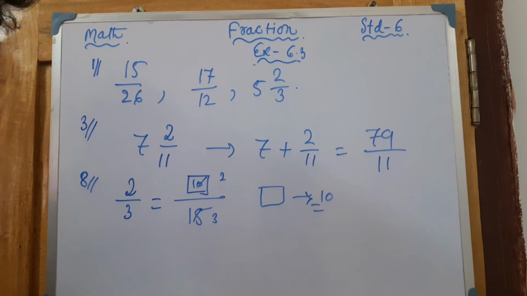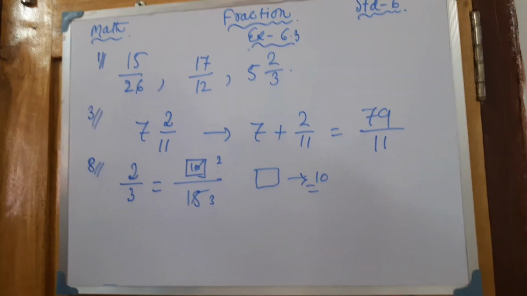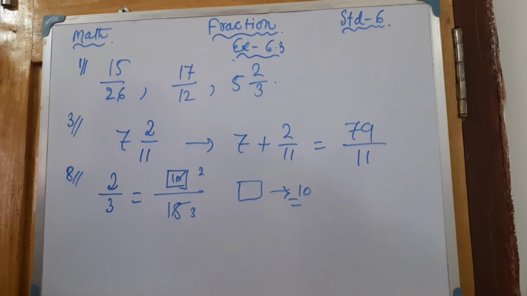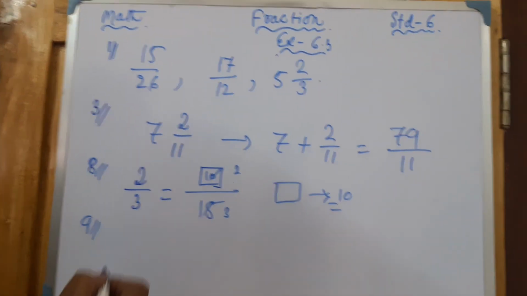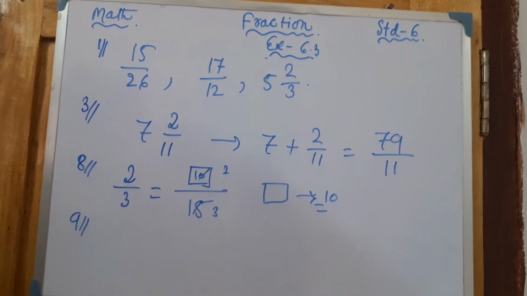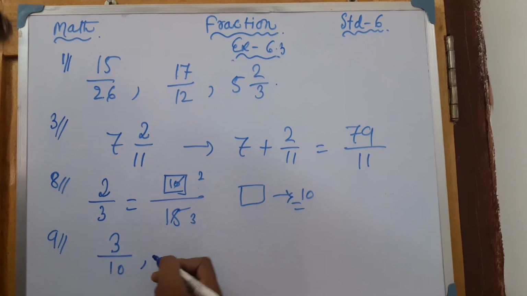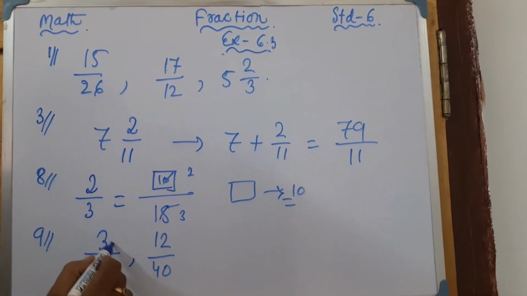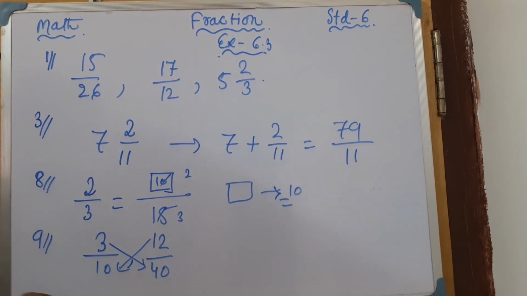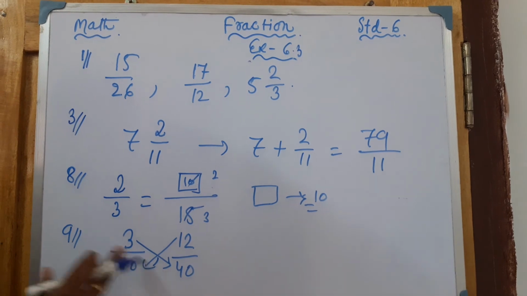That last question I am doing here. Question number 9. Check whether the given pair of fractions are equivalent or not. I told you that for equivalency you just have to take the cross product, the diagonal product.